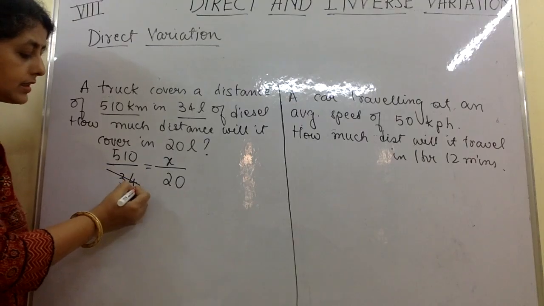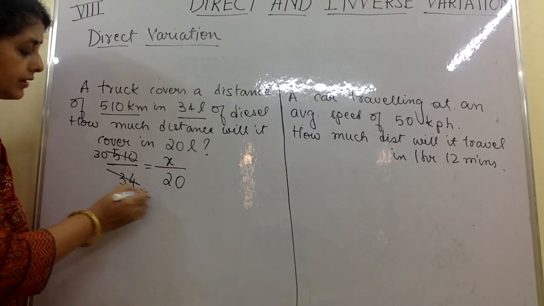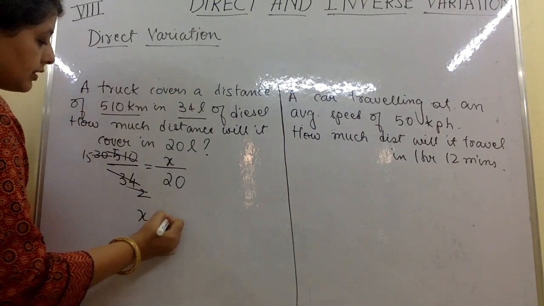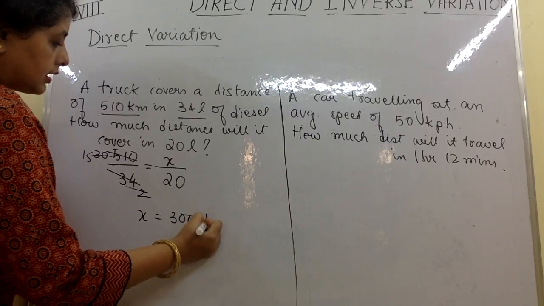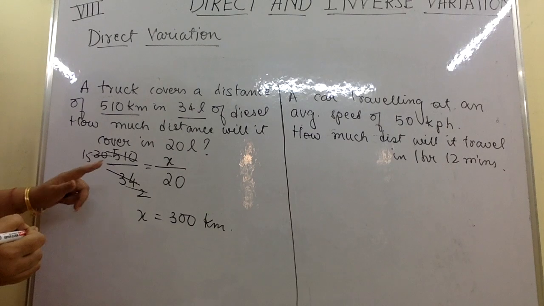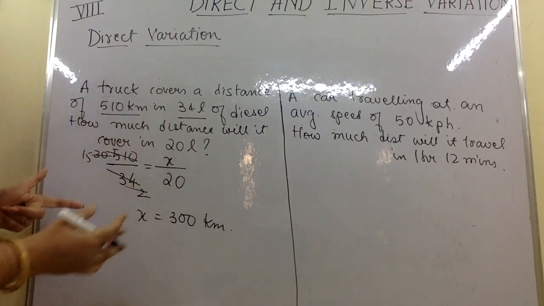Now this is going by 17, this is 30. So x is equal to 300 kilometers. Note one thing: distance, diesel, distance, diesel. It should never be the other way.